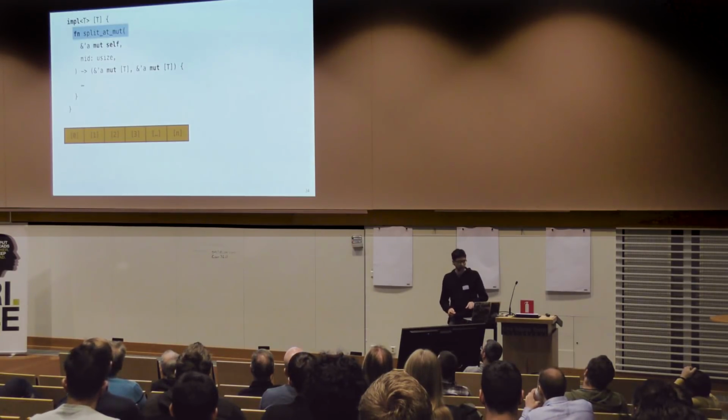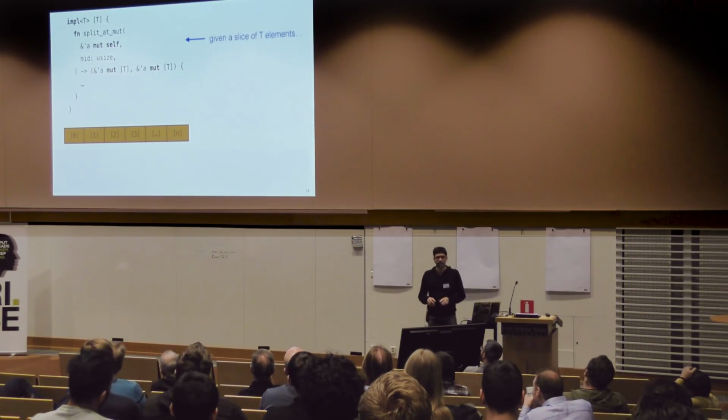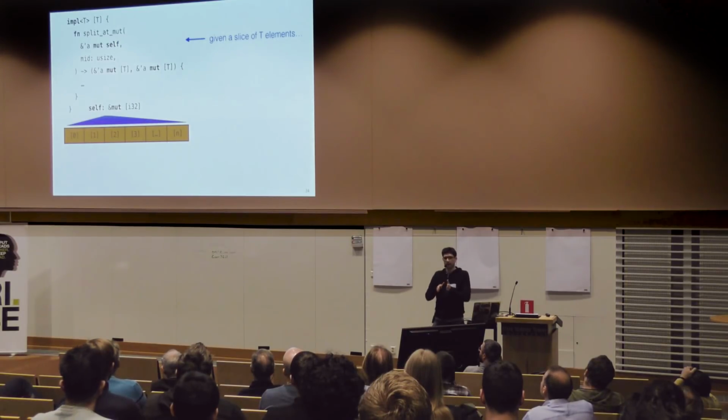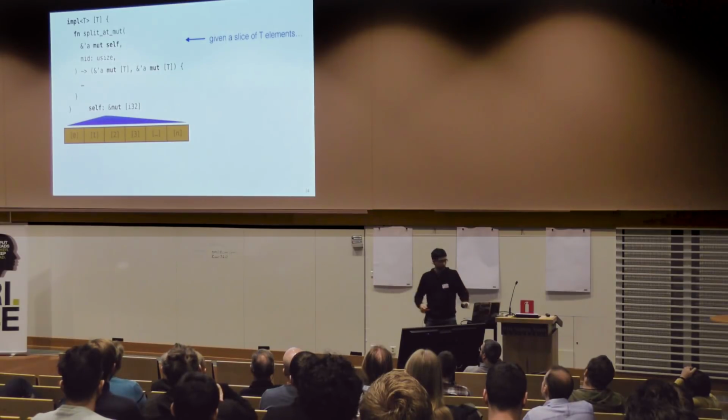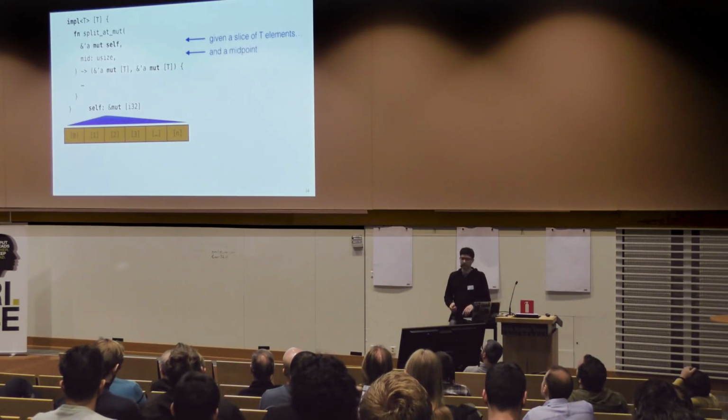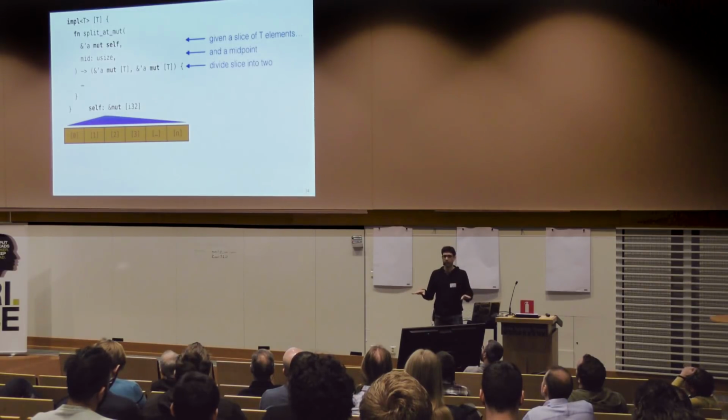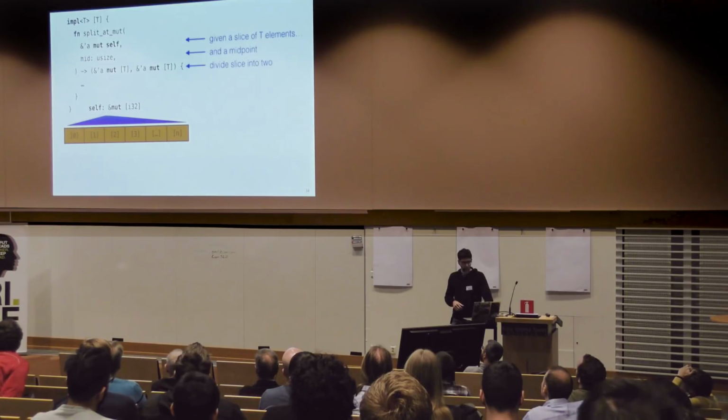And what this method does is it takes in a slice, that's the self, takes in a mutable reference to a slice, really, which means that it has a kind of reference to the start and a length, and you can access any of the things in the array. And it takes a midpoint, which is an integer, and it divides the slice in two and gives you back two subslices before and after the midpoint. So I'll show you by example.